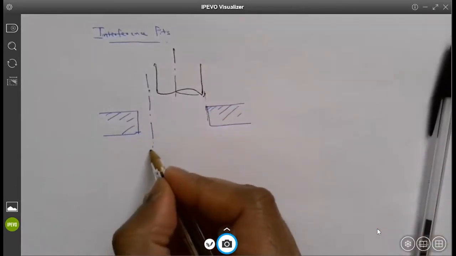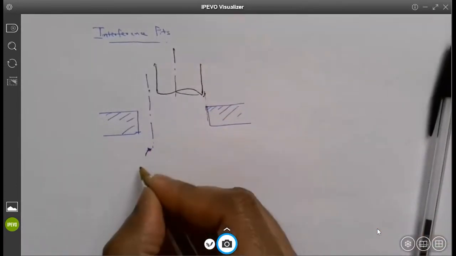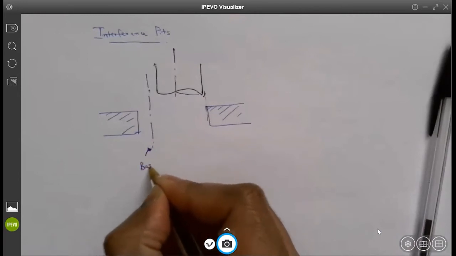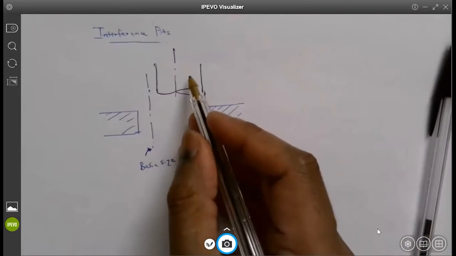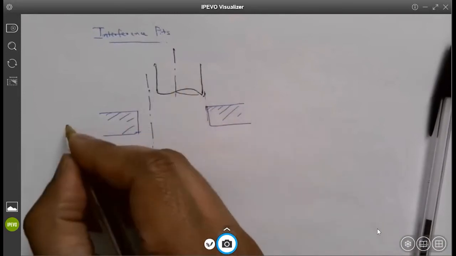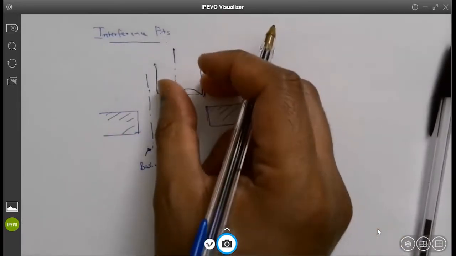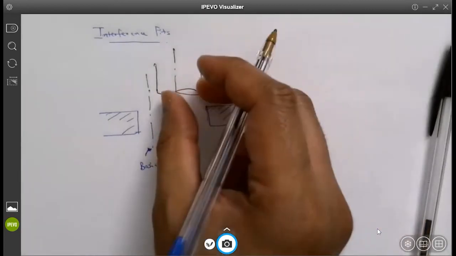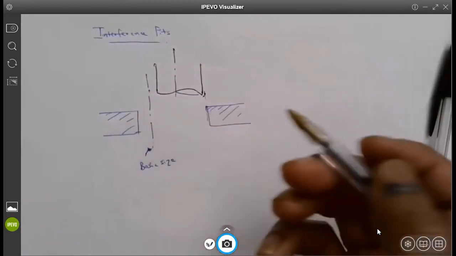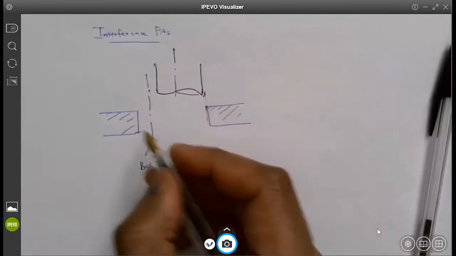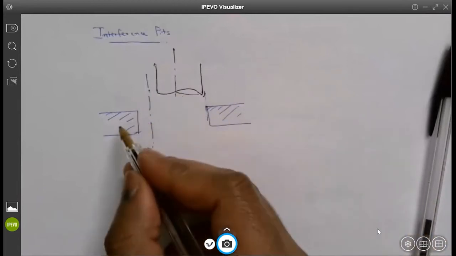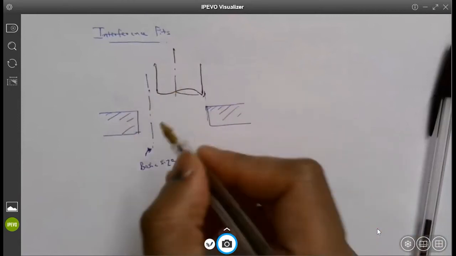So this is the basic size, which remains the same for shaft and hole. So we have a shaft made of one component and another component which has a different tolerance, which says that there is a clearance fit between these two parts.